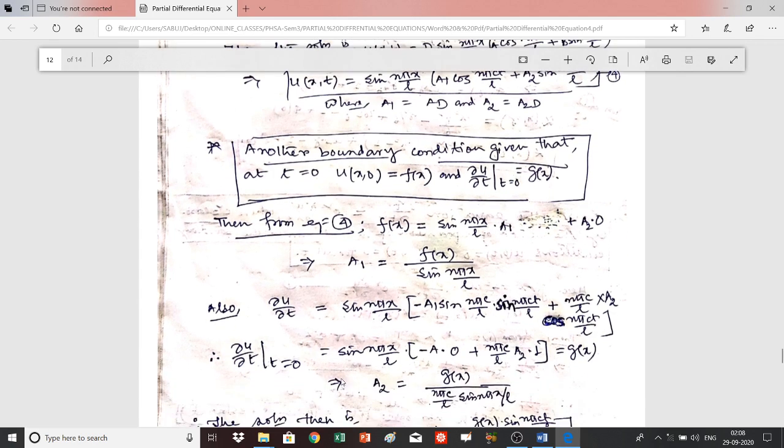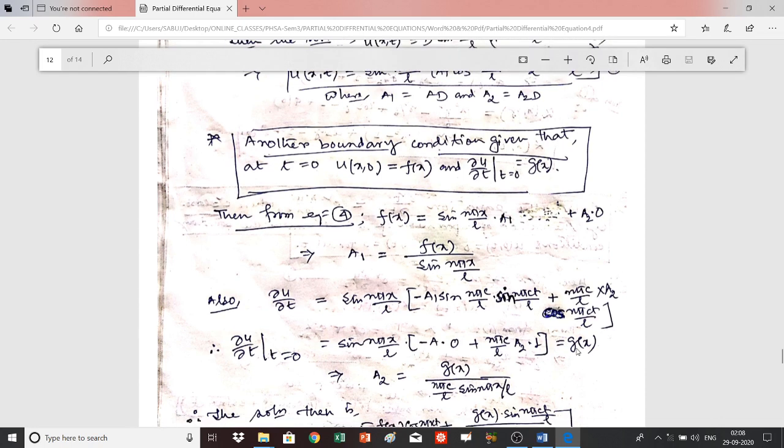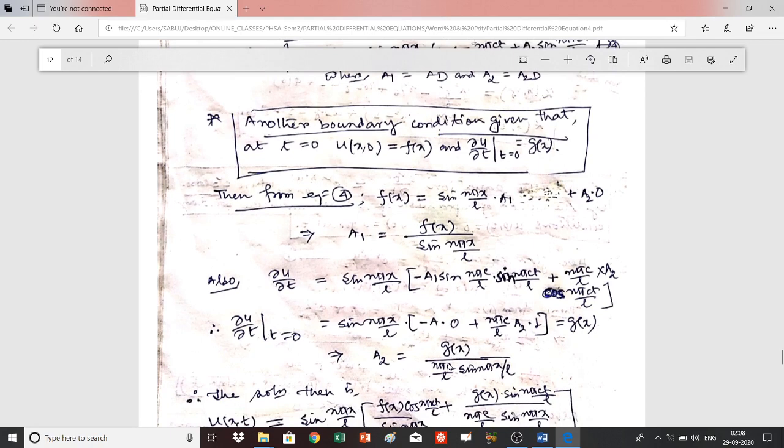So at t is equal to 0, this term will give you a1 into 0, plus nπc/L a2 into 1, that is g(x), given. So from here a2 is equal to g(x) by (nπc/L) sin(nπx/L).